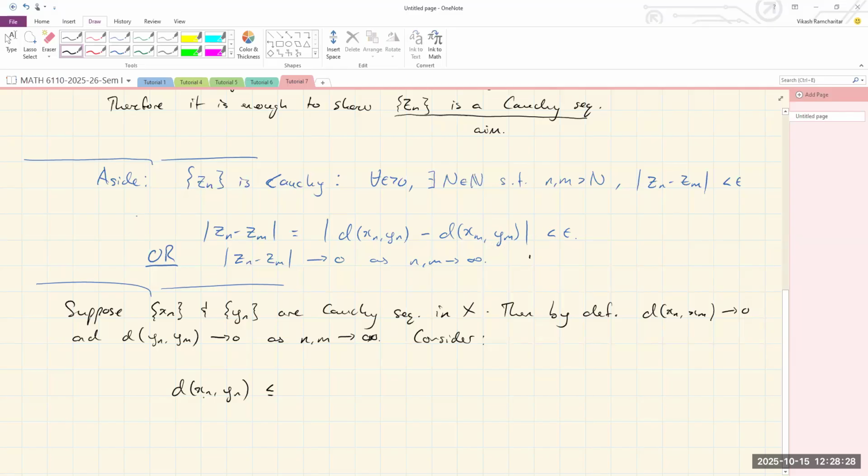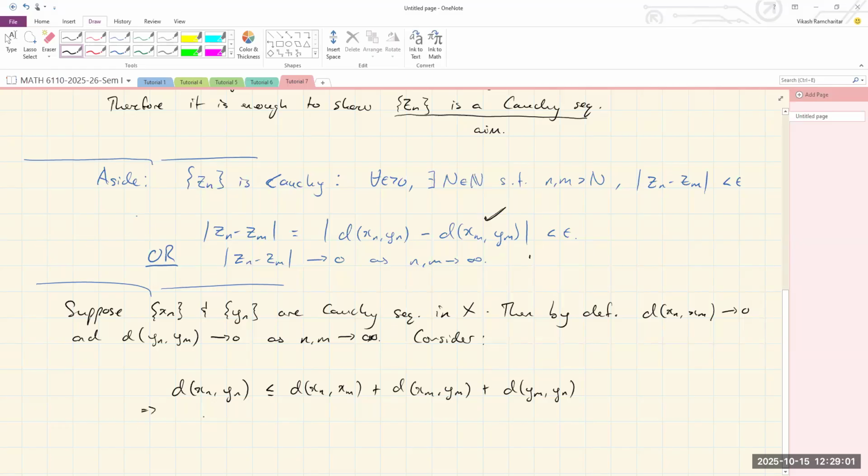How do I bring xm and ym into this? I could use the triangle inequality, and jump from xn to xm, and then jump from xm to ym. That's the term I'm trying to get into the story. And now to finish off this triangle inequality, I need to jump back from ym to yn.